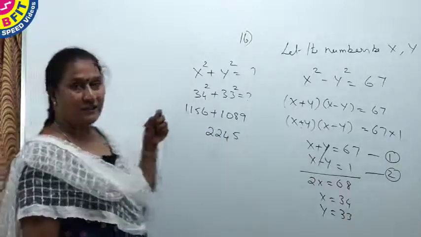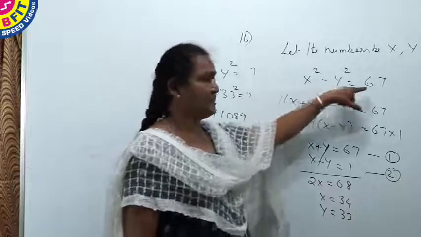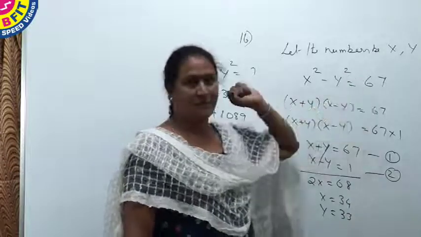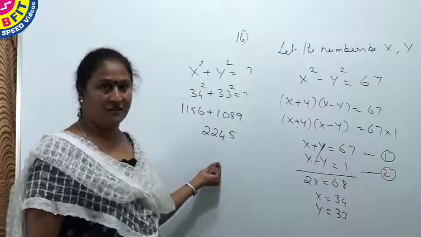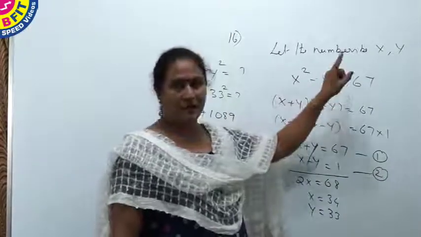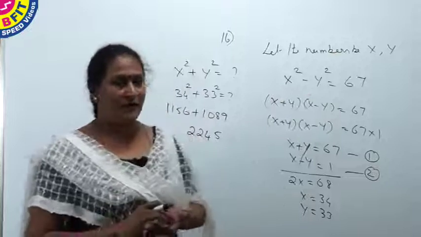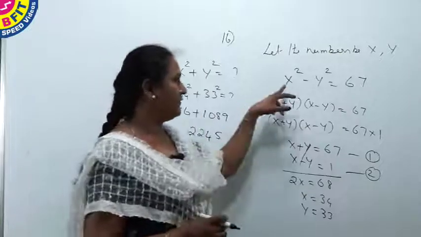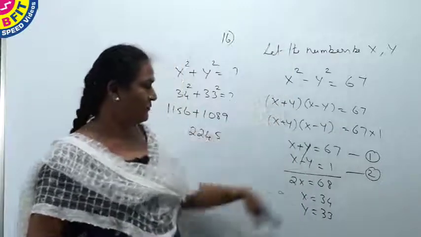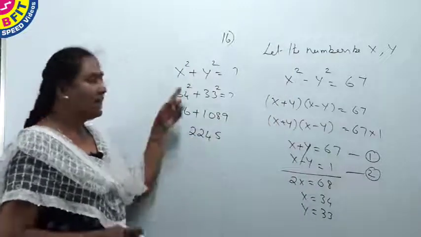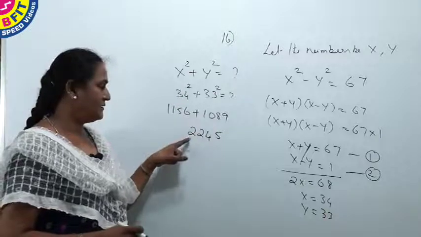So it's given that the difference of squares of two numbers is 67, which is a prime number. As this is a prime number, you can proceed and find the answer. If this is not a prime number, the answer will be cannot be determined. So they have given x square minus y square is 67. Using this process, we have got x square plus y square is 2245.